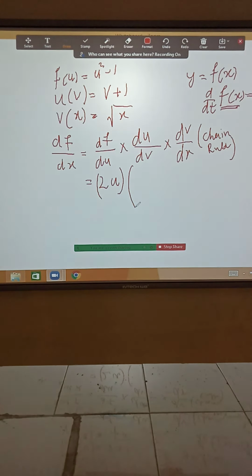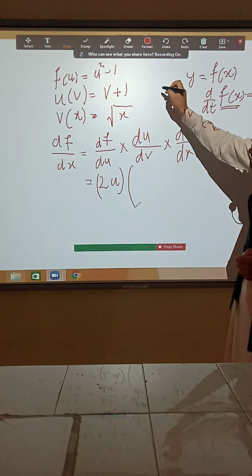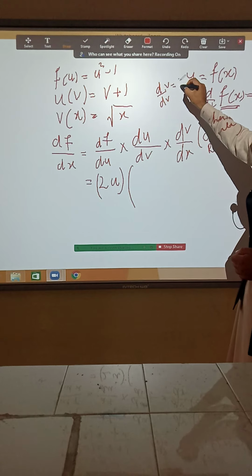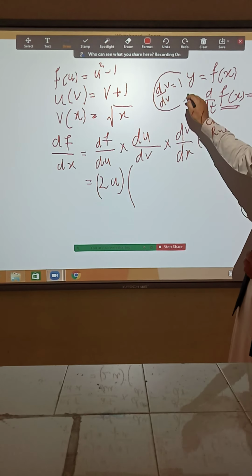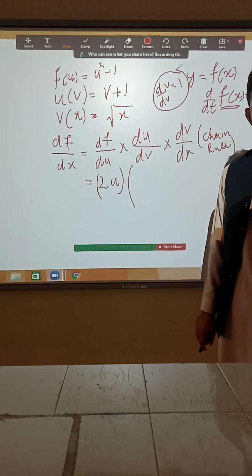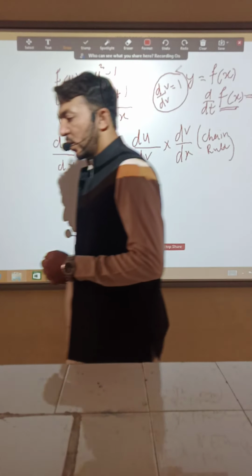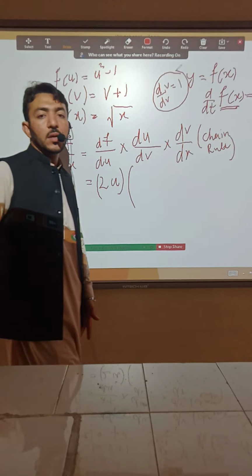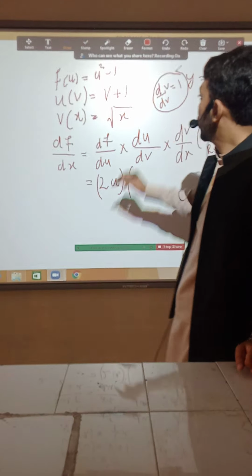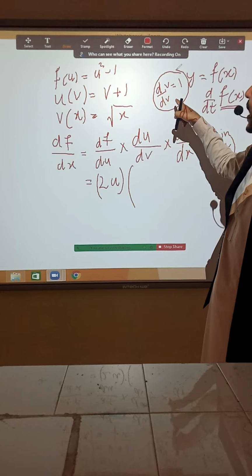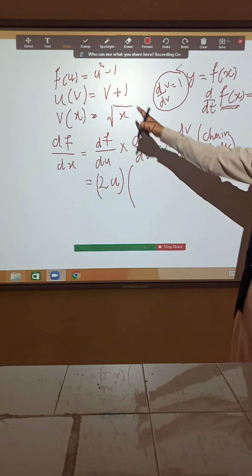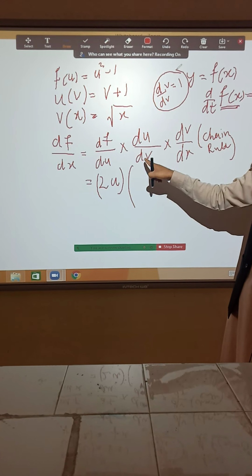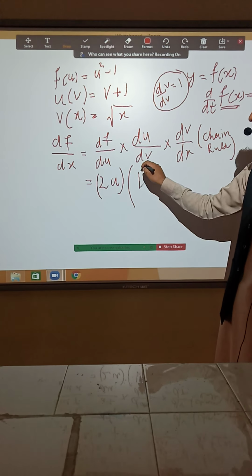So the derivative of v with respect to v will be equal to 1. We discussed that in the previous video lecture. Whenever you differentiate a linear function y equal to x with respect to x, you will always get 1. We proved that by first principle rule. So here dv by dv will be equal to 1, and the derivative of 1 with respect to v you will get 0. So the du by dv will be equal to 1.